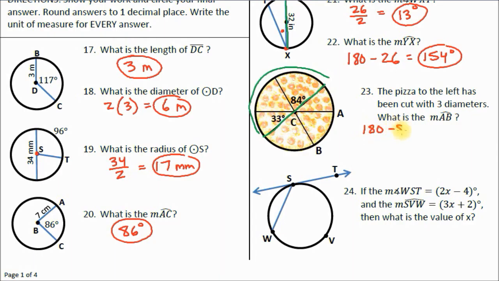So 180 minus 84 minus 33 is equal to 63. So that means this angle is 63 degrees, which means this is a vertical angle because those are diameters. That's 63 degrees. And since that's a central angle, then arc AB also has to be 63 degrees. So I can basically just circle my answer right here, and it's done.